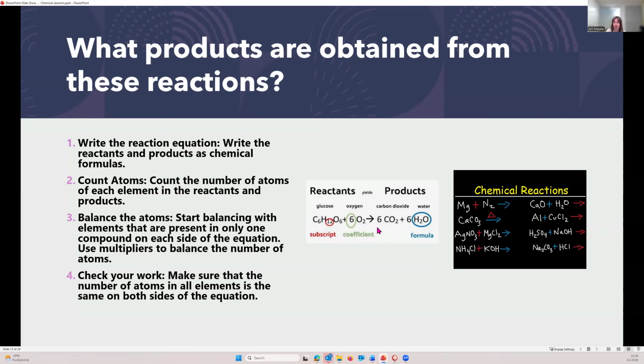This is, for example, what happens in our body when we use glucose as energy. So you write the reaction equation, the reactants and products, count the atoms, balance, and check. And here also you have to add some numbers as multipliers to get the correct amount of those elements there.